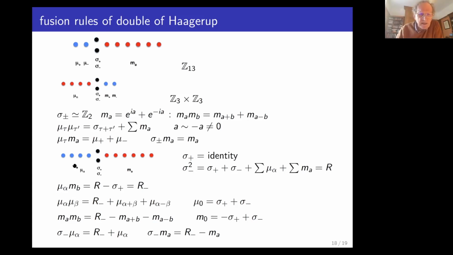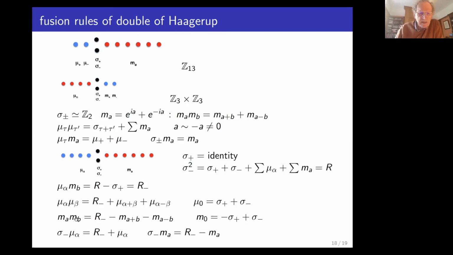If I multiply a blue by a red, I again get basically everything, except it cannot be quite everything because mu is not the conjugate of m. The blues and the reds are self-conjugate. So that means it's R minus; I have to subtract sigma plus from R. But apart from that, everything appears. So if I multiply two blues, I get the fusion rules which I had before for the Tambara-Yamagami.